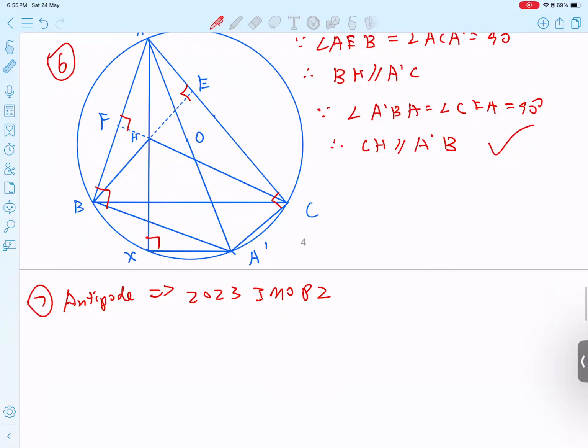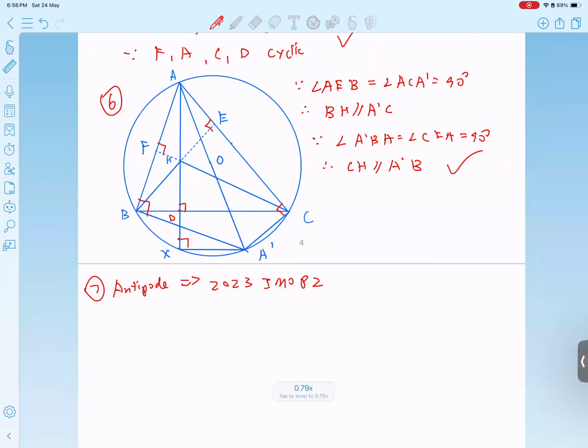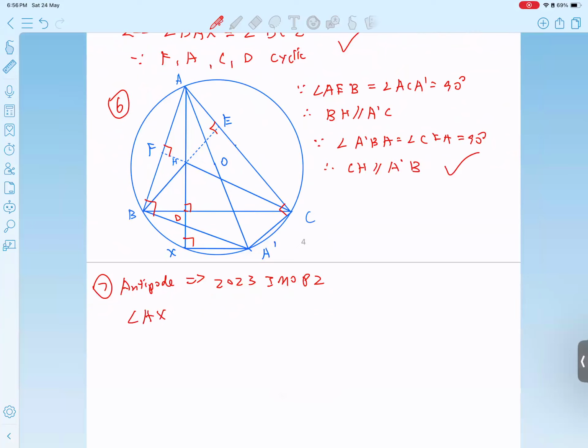So angle A dash should be 90 degrees. Would DA dash C also be 90 degrees? Since this is true, we'd have BC parallel to XA dash.